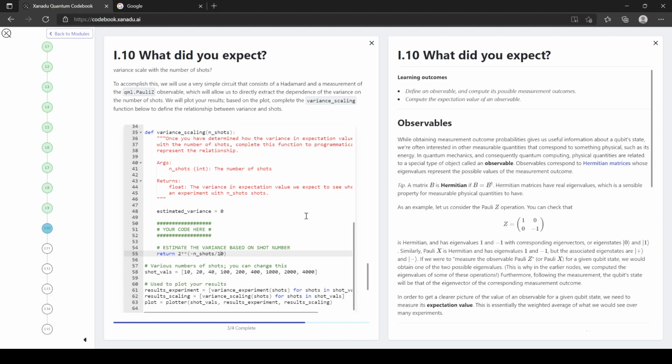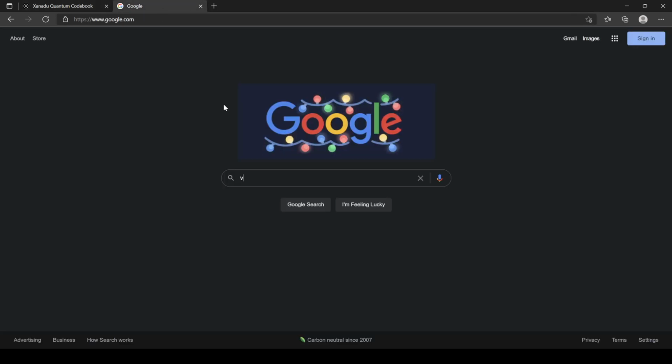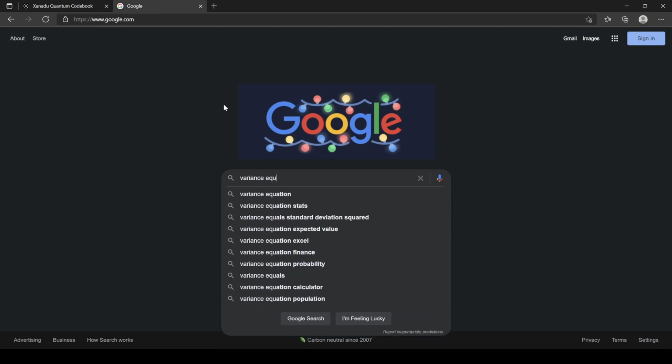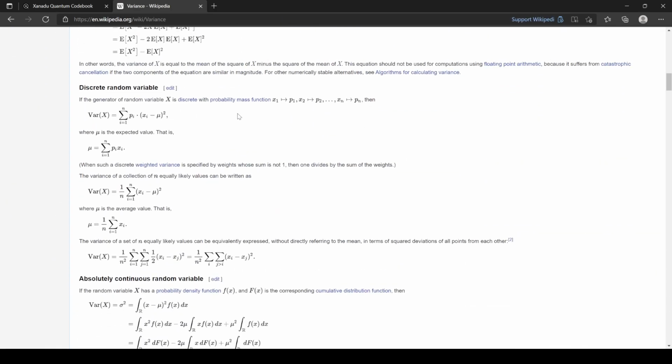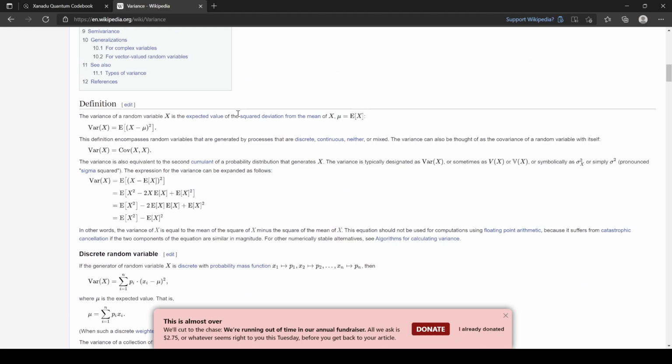So the variance, let's look up, I forget what the variance equation is. The variance is the difference between the expectation value of the square and the square of the expectation value. Okay.